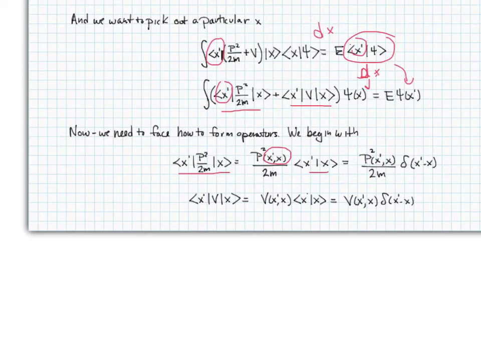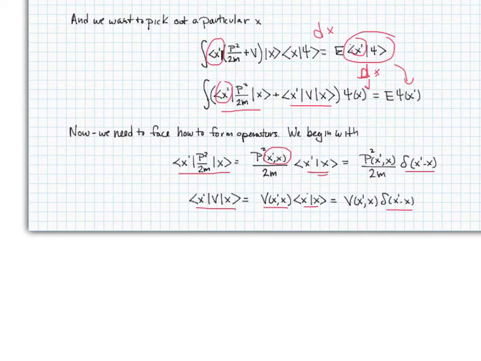Now, it turns out that for operators like this, that bra-ket combination is a new function called the Dirac delta function. We do the same thing for the V. So the V operator, abstract operator, sandwiched in this way, becomes V of x prime and x, and I have that Dirac delta function.